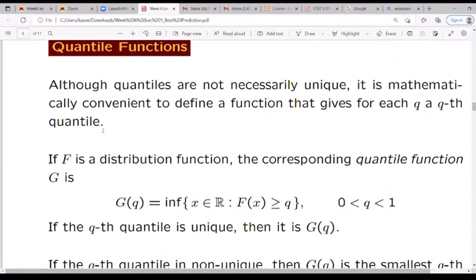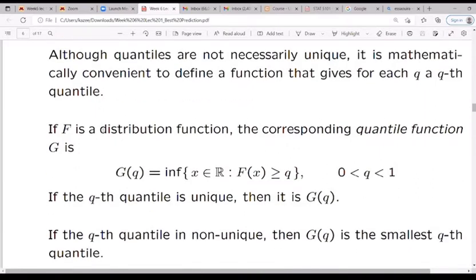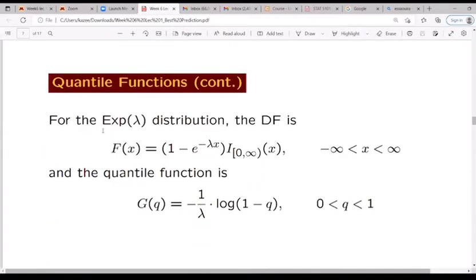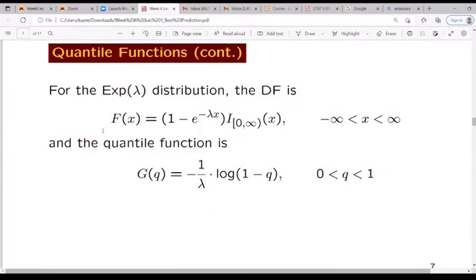I've walked you through how to get a quantile function. The only way you can get a quantile function is when a random variable S has a distribution function, as I told you the other time. I walked you through the quantile function of the exponential distribution.